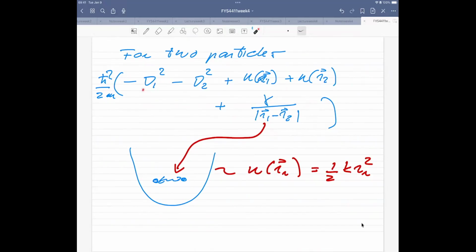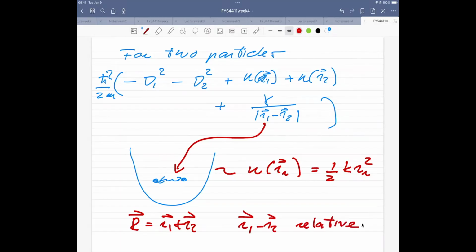You can separate it into relative motion plus central mass motion. The central mass motion, R, is given by R1 plus R2. This is a quantity which will never diverge, because the potential does not include R, whereas R1 minus R2 is the relative distance. And this is the quantity which often causes problems for us.